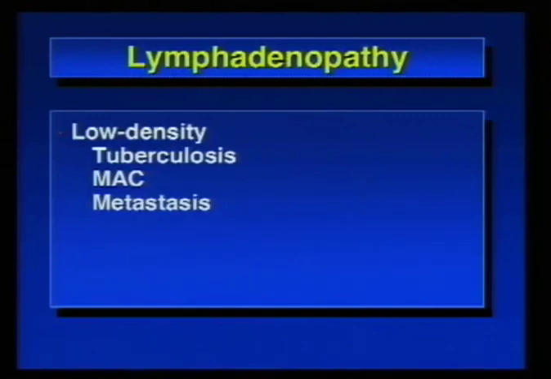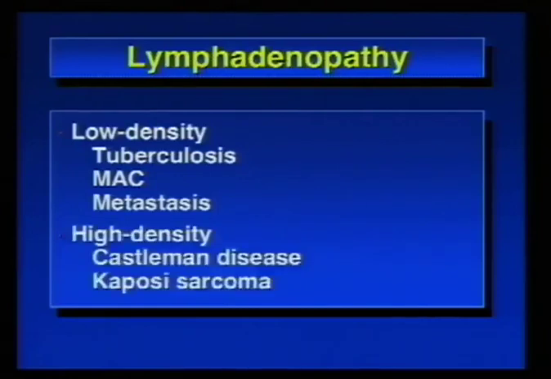But if you see a low-density lymph node, you have to be thinking about certain things: TB, MAC, and metastases, especially from squamous cell carcinoma, which can give you necrotic nodes, and certain patients with adenocarcinoma can have necrosis. That gives you low-density nodes. So TB, MAC, and metastases, especially from squamous cell, or sometimes from adenocarcinoma, lung cancer, breast cancer, renal cell carcinoma.